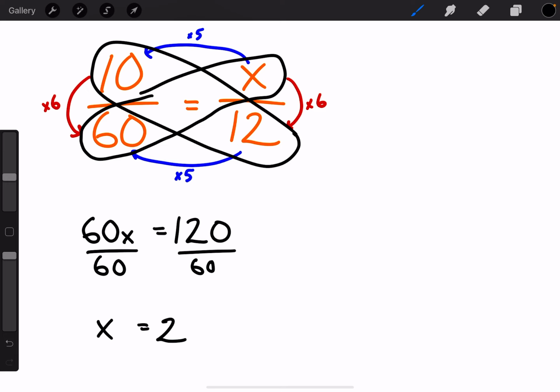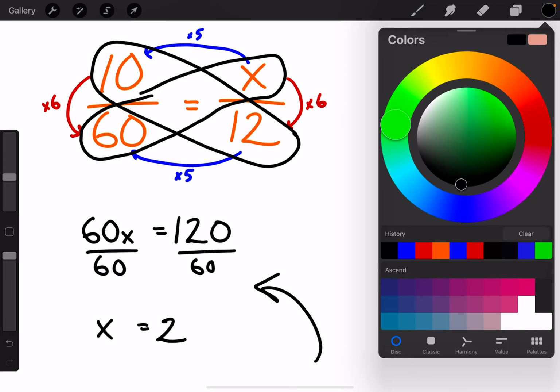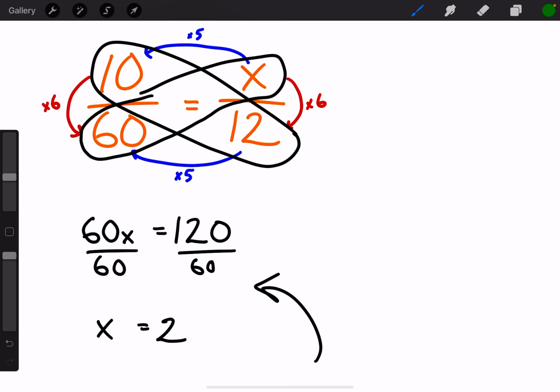The nice thing about this cross multiplication method is that it works for us even when our numbers are a lot grosser and we can't see a pattern at first glance. For instance, what if I gave you the proportion 11 over 100 equals 4.2 over x?